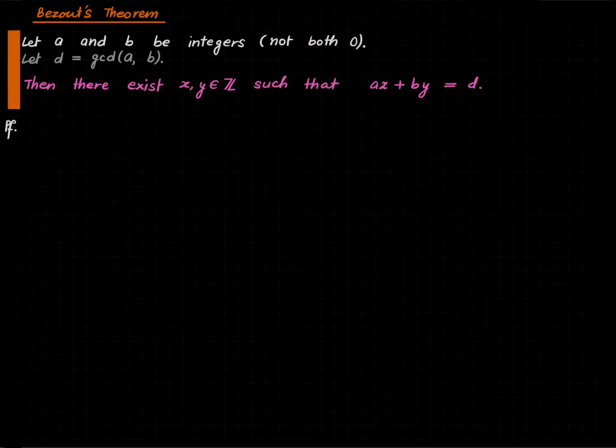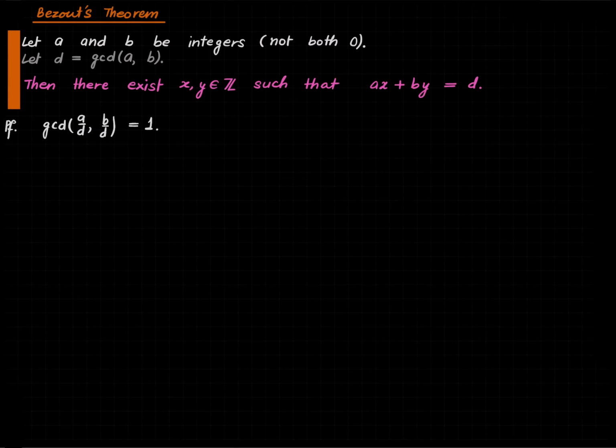The proof is that GCD of A by D and B by D is 1. This we recalled in the beginning also. This is something that we proved in the previous lecture, and if you have forgotten, you can just spend a few minutes and prove it again for yourself. And that is the best way to learn these things.